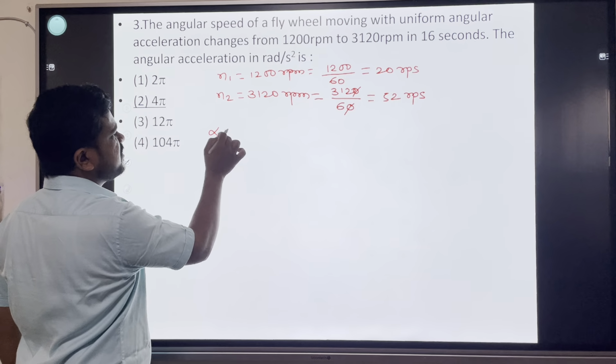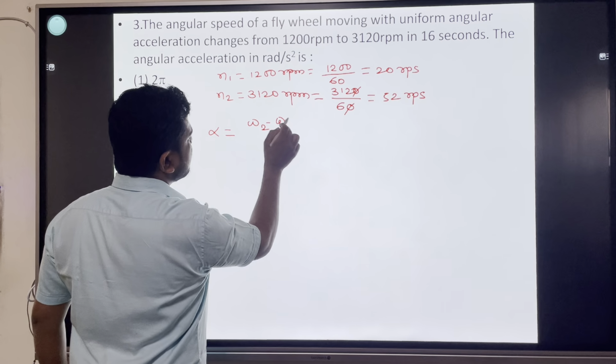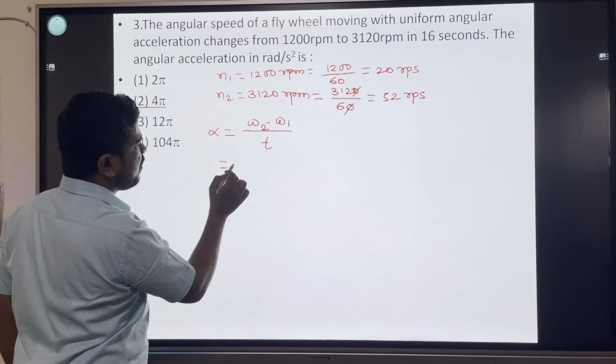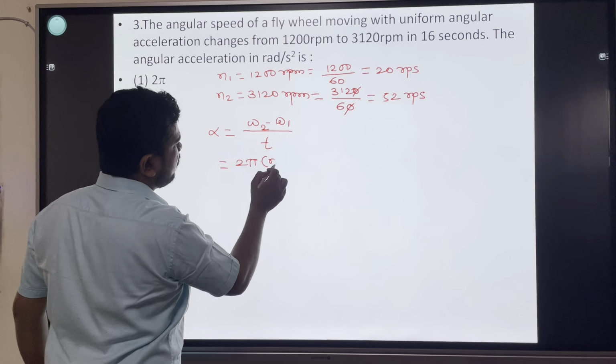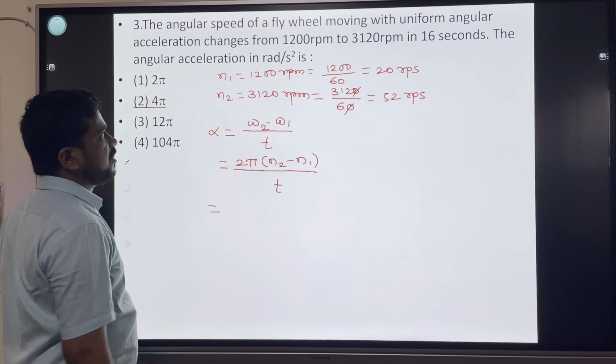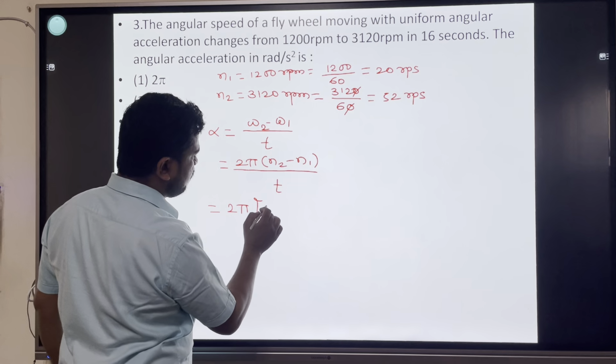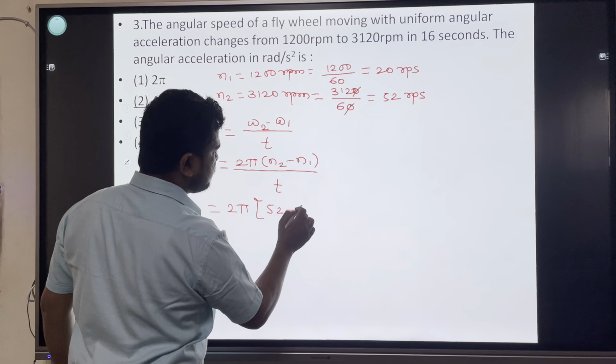Angular acceleration, very easy question. Alpha is equal to omega 2 minus omega 1 divided by t, which is 2 pi into (n2 minus n1) divided by time t. What is the value of n2? 52. The n1 value is 20.